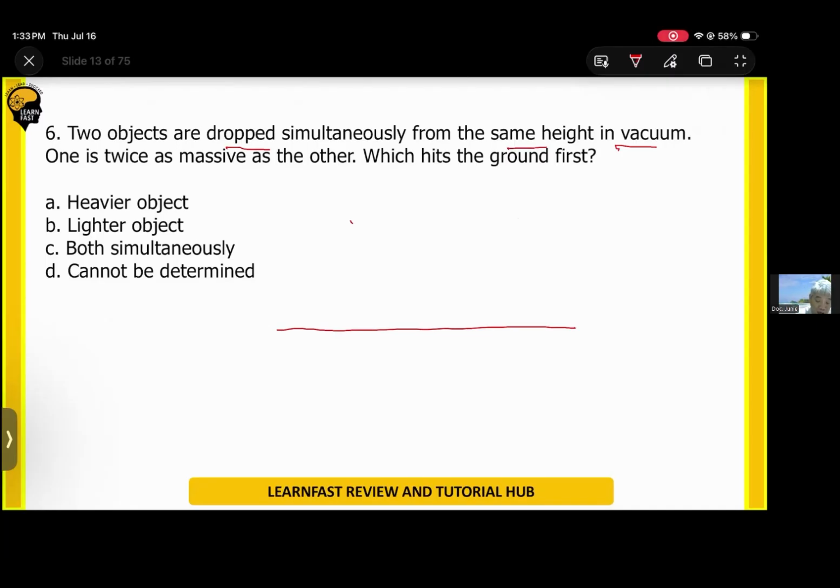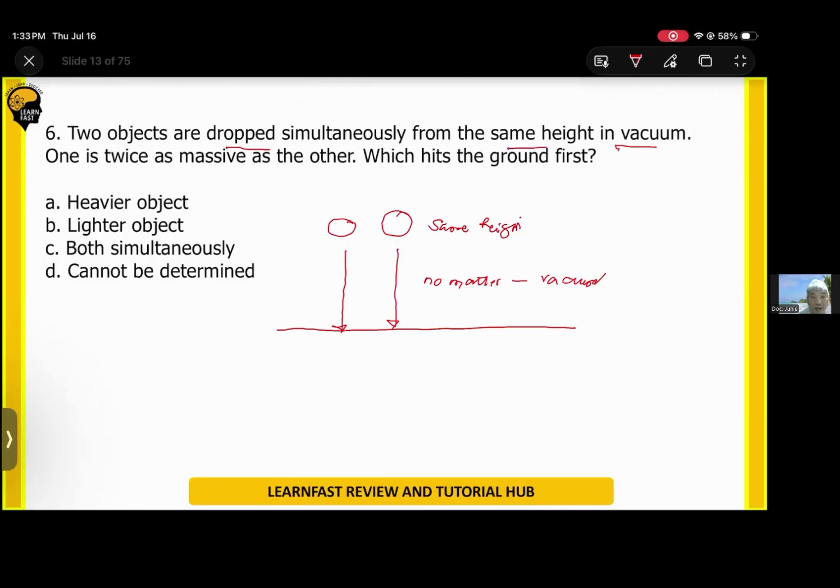So you have a small object to mean smaller mass and a bigger object to mean more mass. They're coming from the same height. So both of these will descend and reach the ground. Coming from the same height and there is no matter involved, so that means you have vacuum.